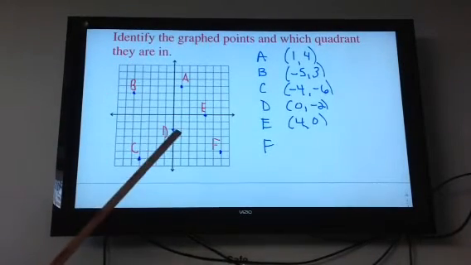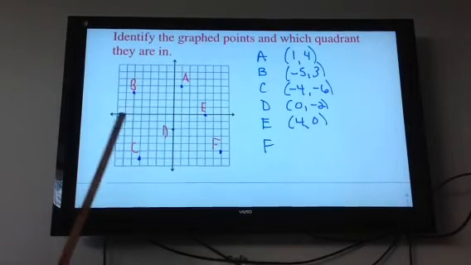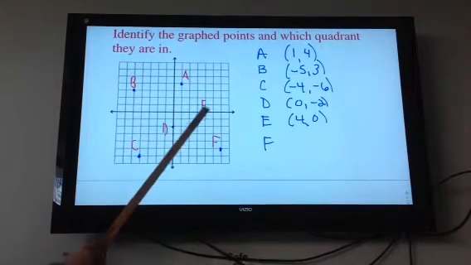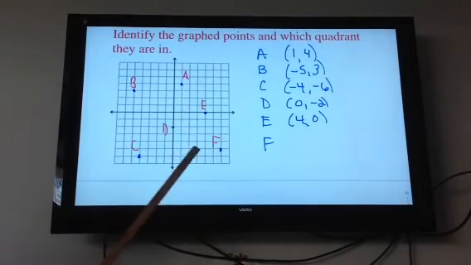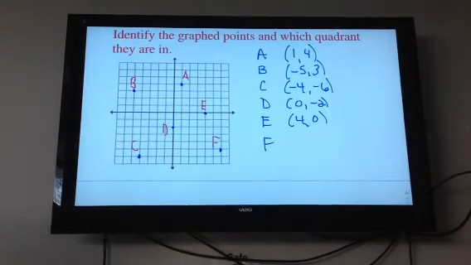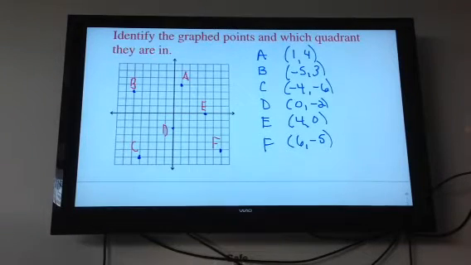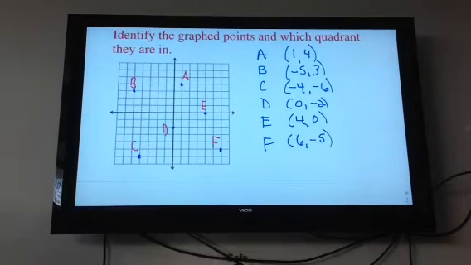But if you're looking at point D, you're not moving on the x-axis at all. So that's why that remains 0. And then when you get to E, you're not moving on the y-axis, and that's why the y is 0. Okay? And then F, 1, 2, 3, 4, 5, 6, 1, 2, 3, 4, 5. 6, negative 5. Okay, any problems with that? With those? Rules should be like nothing, okay?